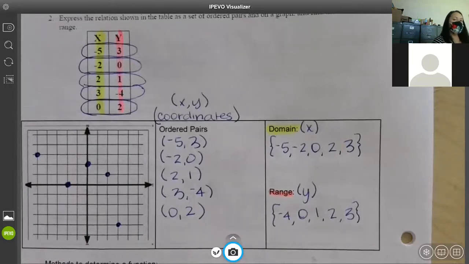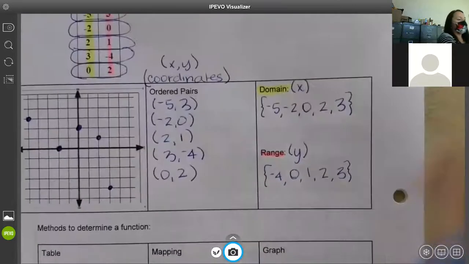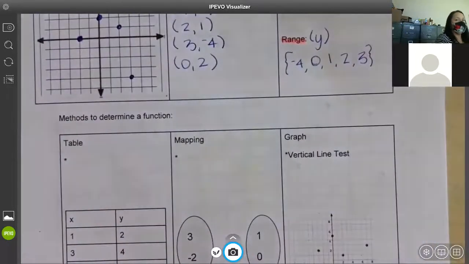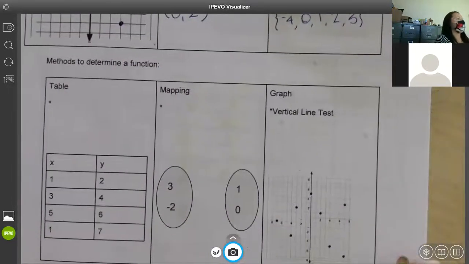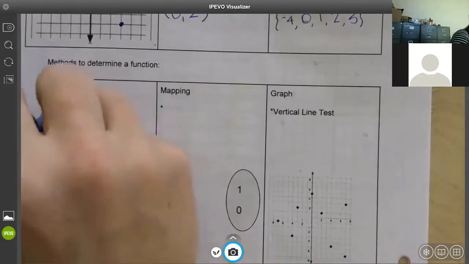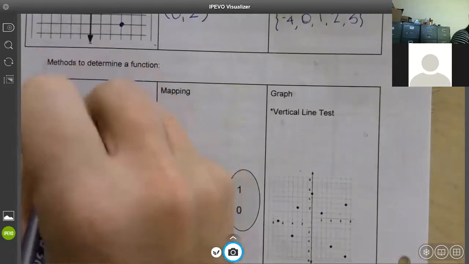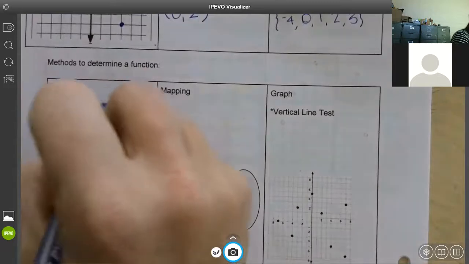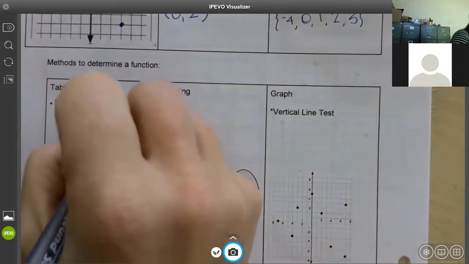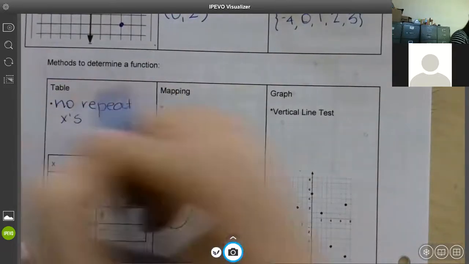All right. So there are methods to determine if the points that we're given are a function or not. Are a function. That means one depends on the other. So the first way is a table. We don't want any repeat x's. So no repeat x's.